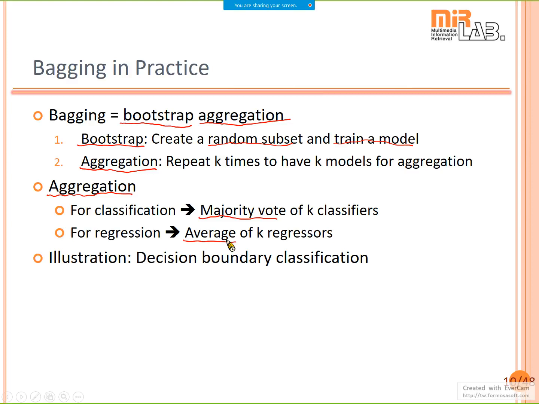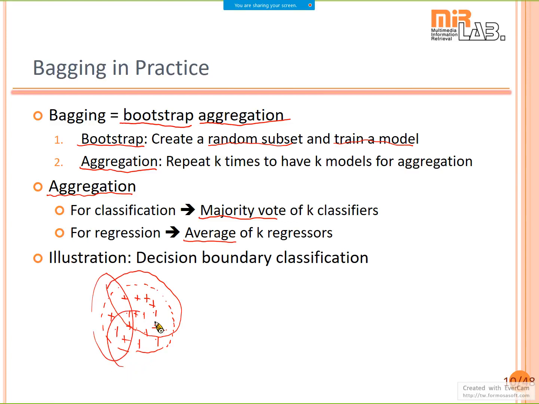And here is a simple illustration. Suppose we have a data set like this. Then suppose this is the true decision boundary. Of course, we don't know where the true decision boundary is. Then we can take a portion of the data. For instance, I take this part of data and create a model like this. This is the model's decision boundary. I take another portion of the data to create another model and its decision boundary.